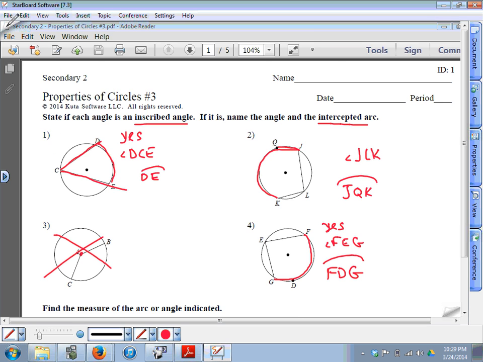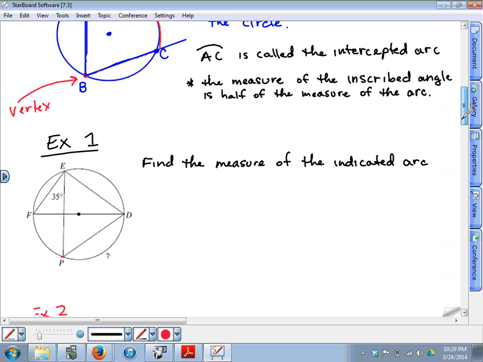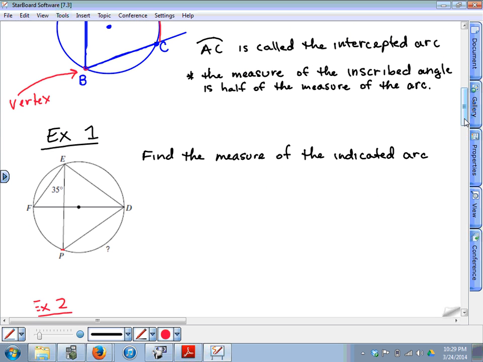So, moving on, these now get quite a bit more complicated. Not that the arithmetic involved is hard. It's actually pretty easy arithmetic. All you're doing is adding and subtracting to either 180 or 360.